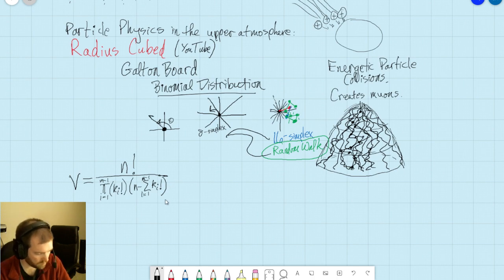Oops, nope, take that back. n minus k sub i factorial. So what we've got is a product of all of the individual bins that this could have fallen into.